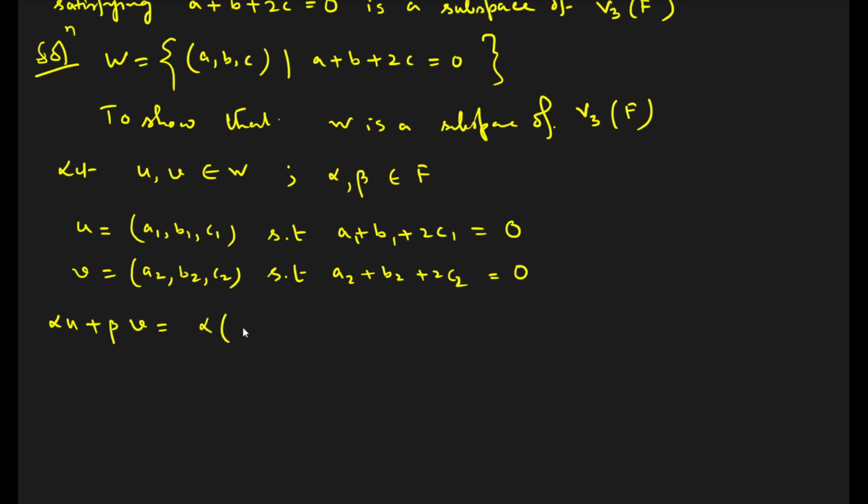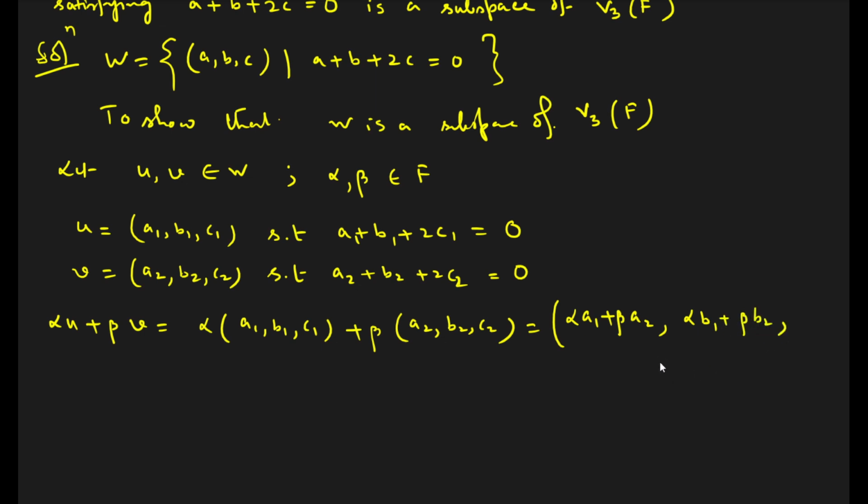So alpha into our u is A1, B1, C1 plus beta into A2, B2, C2. Okay. Now after combining, what we'll get? Alpha A1 plus beta A2, comma, alpha B1 plus beta B2, one more element, alpha C1 plus beta C2.